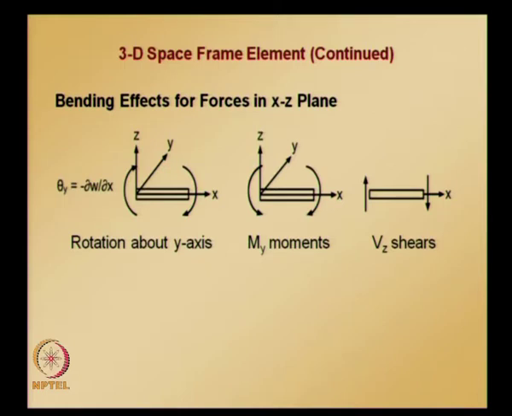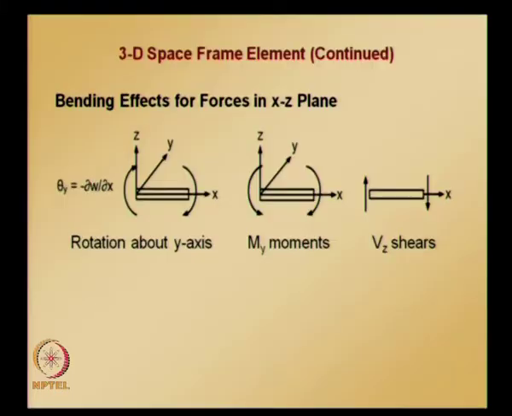The shape functions for w are the same as those for beam bending about the z axis, which you have already seen, except that a change in sign for rotation terms is required here, because our sign convention says that counterclockwise rotations are positive, whereas here we have clockwise rotation. So theta y is minus the partial derivative of w with respect to x.